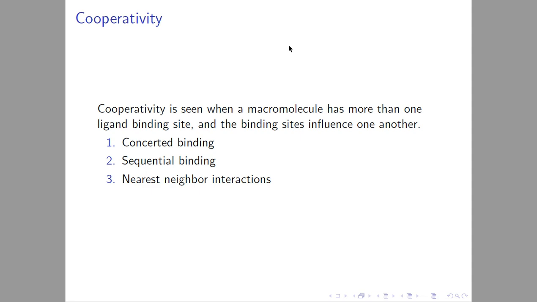Concerted binding means all the ligands attach to the binding sites in one go. Sequential binding is one by one at the sites. And with nearest neighbor interaction, if we have many binding sites, the nearest neighbor will affect the binding of the next ligand to the protein.